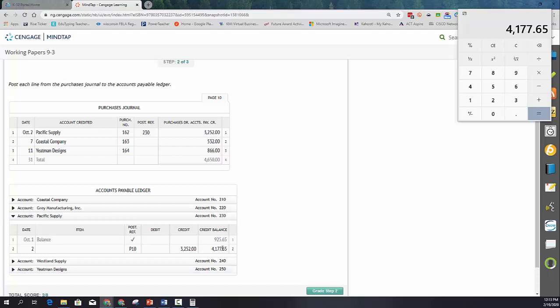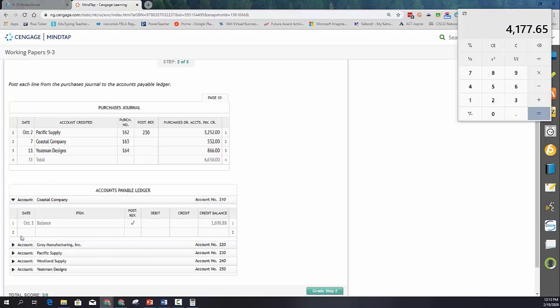Because that means I took this amount, I posted it in Pacific Supply, and then I can go to line 2, and I can do the same thing for Coastal Supply. Oh, Coastal Company, excuse me. Date is the 7th. Post reference is P10, because I'm using Purchase Journal number 10, and I'm crediting it 532. Calculator stays on top.